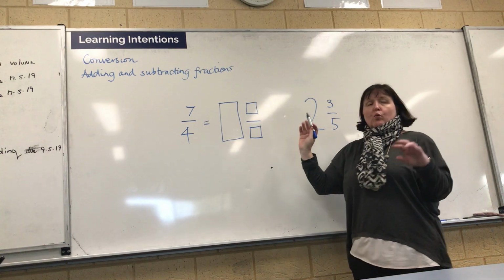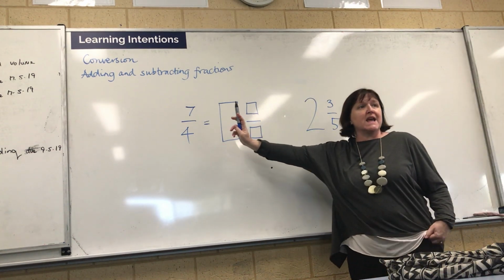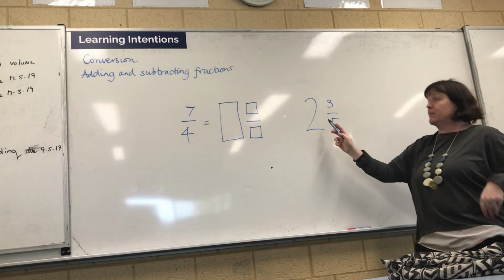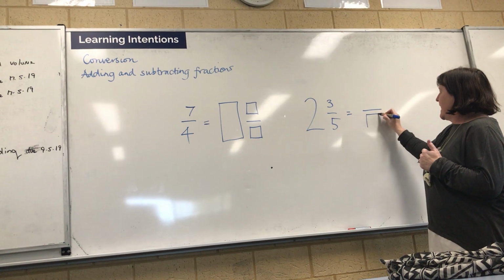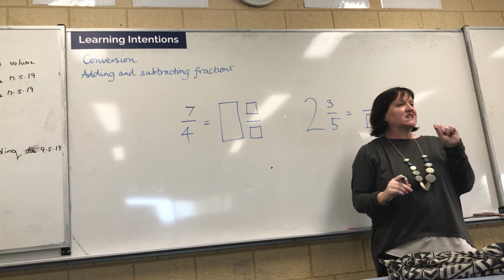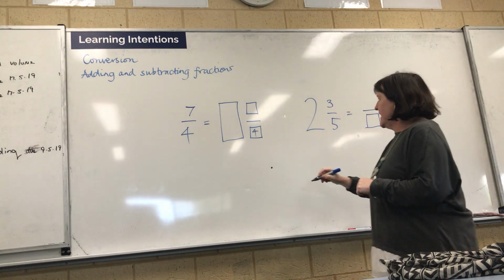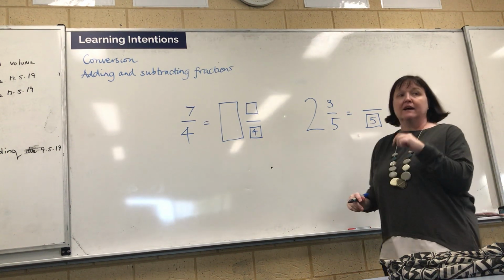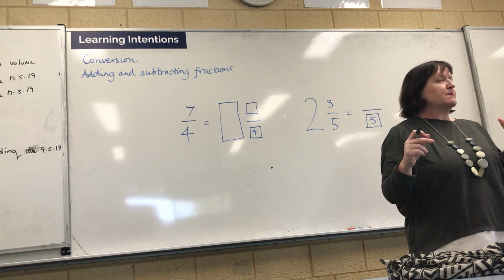So, one thing about this, for both converting improper to mixed and converting mixed to improper, the one thing that you can guarantee is that the denominator does not change. So you're going to have a denominator there and a denominator there. The only way it might change is if you then need to simplify it.